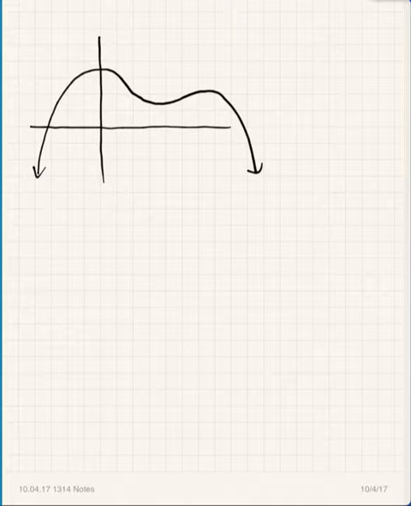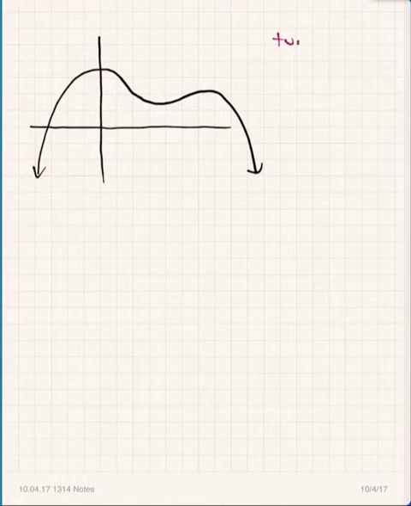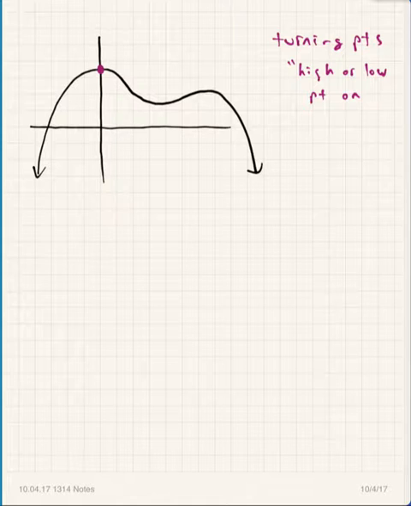Now, a turning point on a graph is a place where the graph changes from a rising graph to a falling graph, and these are called turning points for the graph. And so this graph that I've just sketched here has 3 turning points. You might also say it's a high or a low point on the graph. That's another way to look at it as far as a turning point.